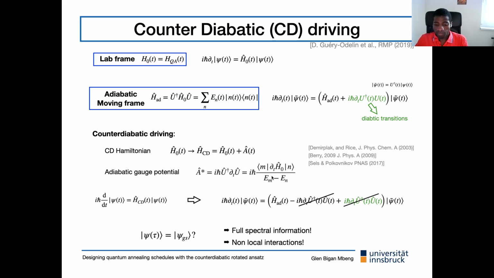And this is actually harder than just getting to know the eigenstates at the final time, which is our goal. And moreover, we have a problem, and that is that this expression for A, which is exact, introduces non-local interactions. So we have a proliferation of interaction terms, which may be non-local and may be quite hard to realize in an experiment.